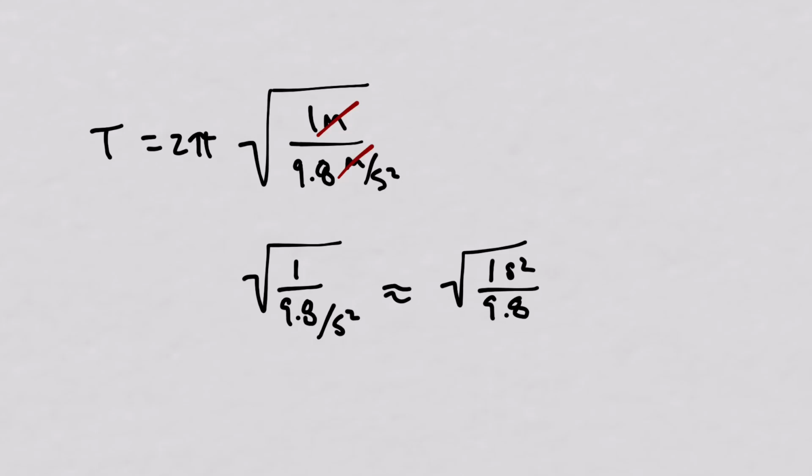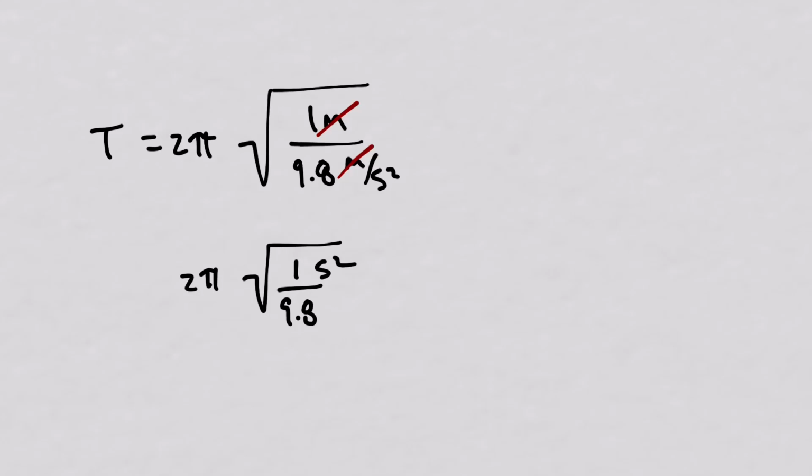Have you guys done this in math class yet? Let's talk about this in class tomorrow. If you don't understand how this conversion is made, we'll talk about it. So, I'm just going to erase this and put the second squared. So this is the same thing, and then multiplied by 2 pi.